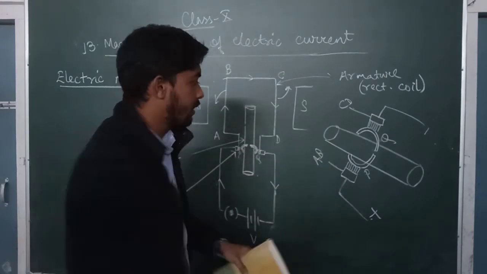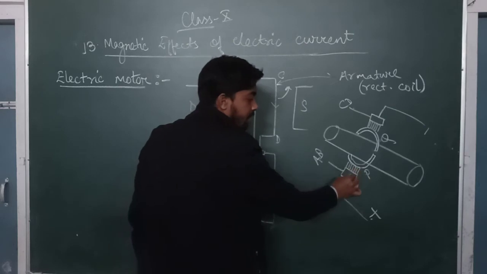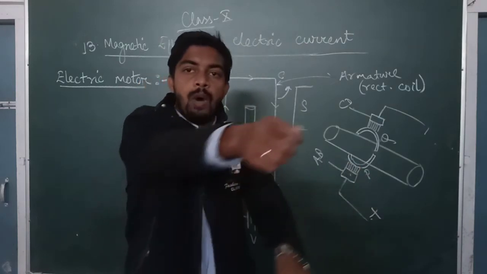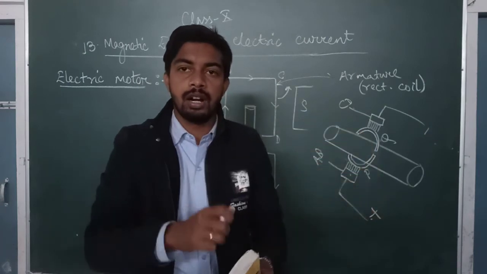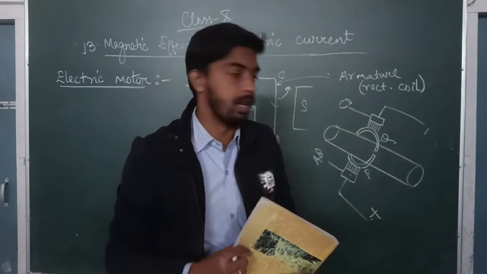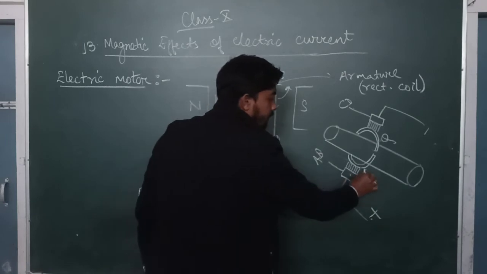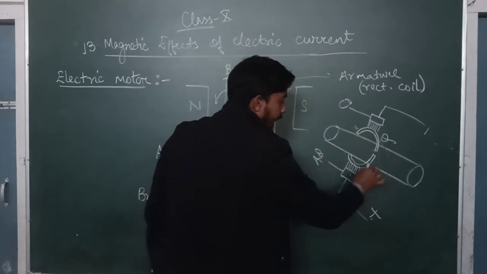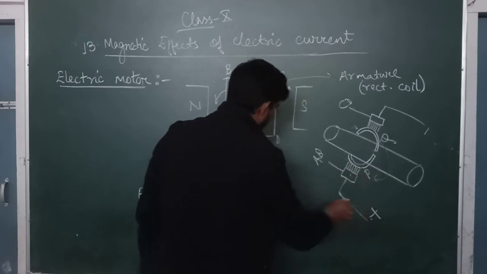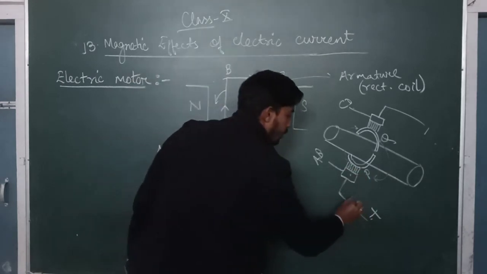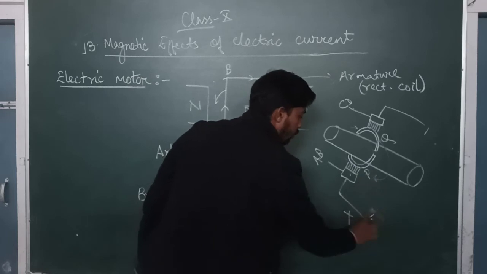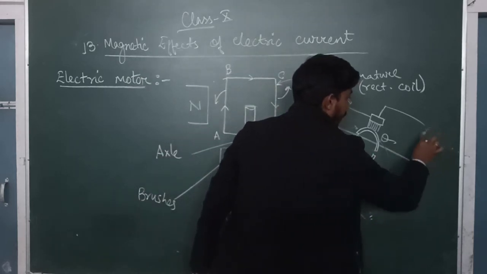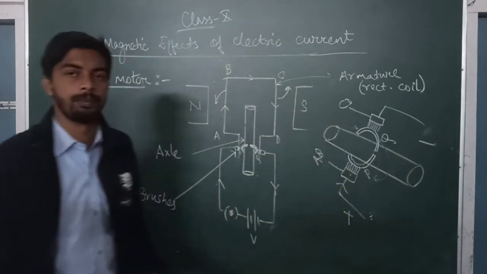Otherwise, if the brushes or the split rings are not there, if it is soldered directly, then while moving the wires will interchange and interlock, and finally it will create a short circuit. So finally this side moves and comes here, this side moves and comes to this side, and again due to the brushes, continuous flow of positive current will go through it, and again the current will move out through it.